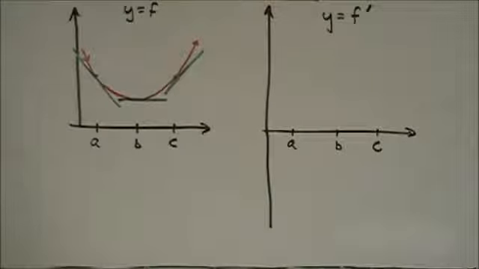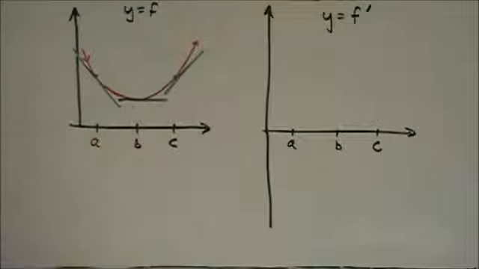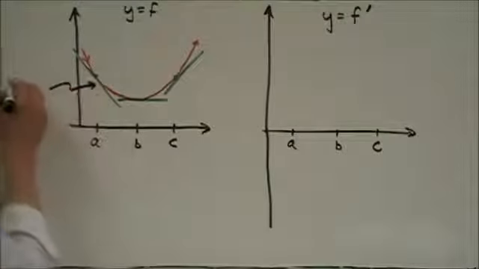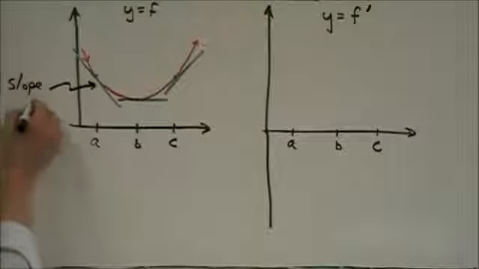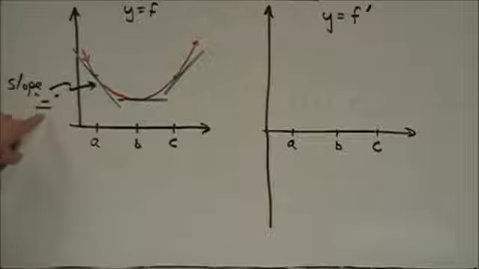So what I have here is the function transitioning from going down to going up at the point B. So the key thing to keep in mind here is that the slope of this line is negative. I'll put a little negative sign here to mean it's going down. It's got a negative slope.